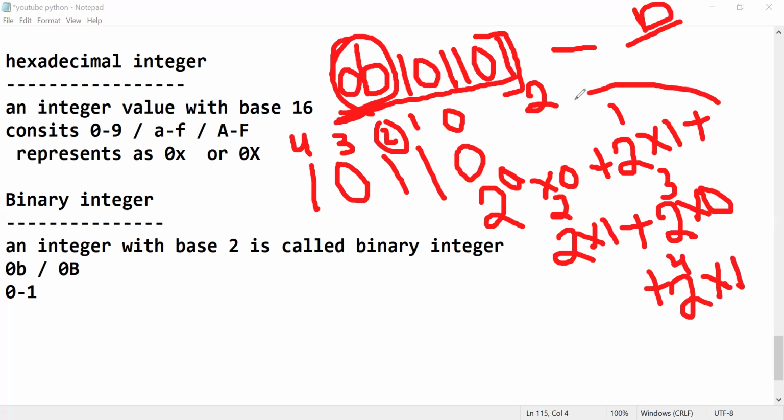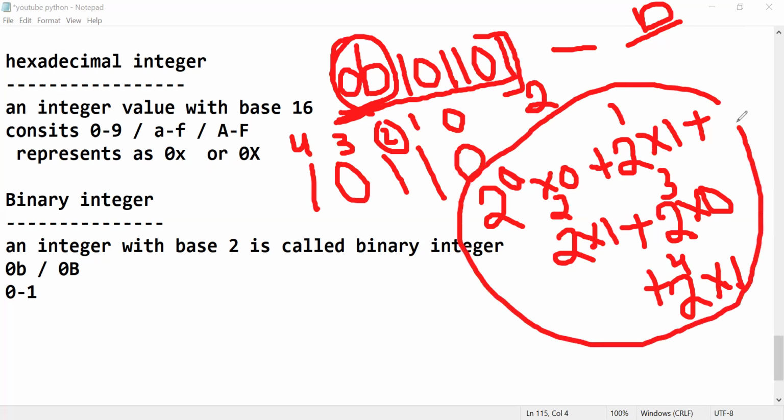See, guys, if you sum all these values, you will get output as the same value, 45. We will get decimal integer 45, guys. This is the process of converting from binary to decimal.